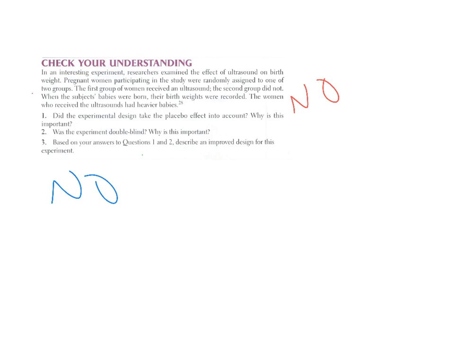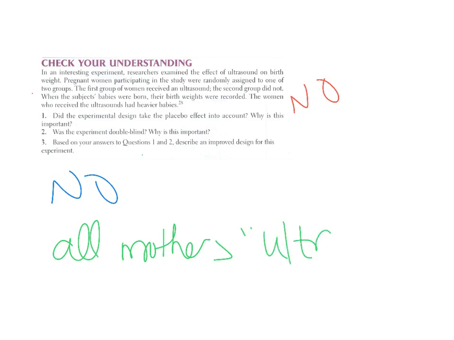So here for number 3, based on our questions for 1 and 2, how can we make this better? And we already talked about this a little bit. So all mothers need some kind of ultrasound in this experiment. Okay, so treat everybody like they are getting an ultrasound. And then maybe for some of them we just don't turn the machine on.